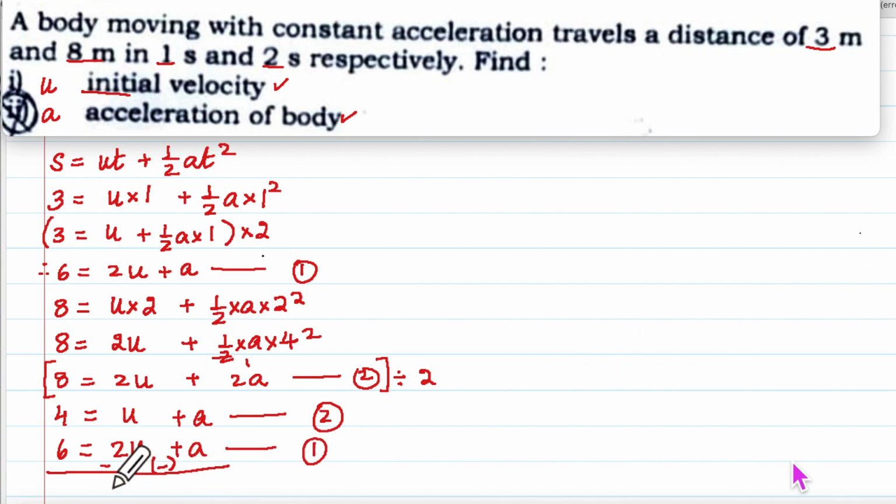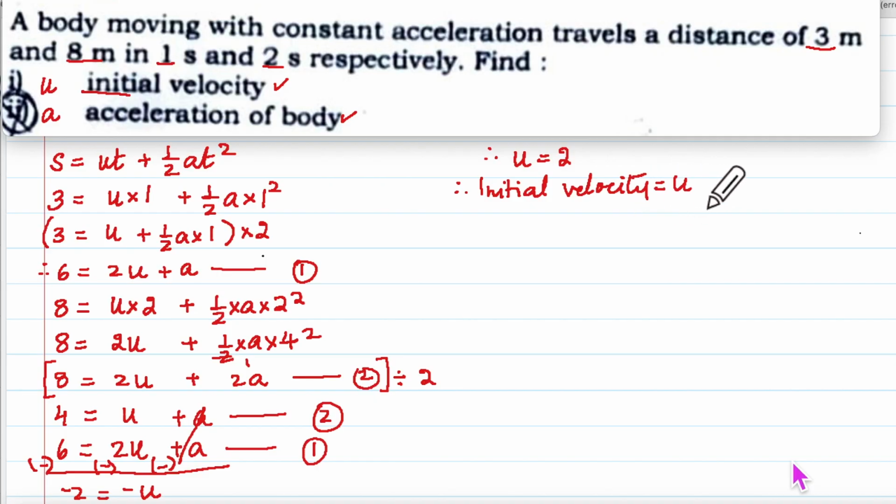So subtract and subtract. So you will have minus 2 equal to minus u. That will give us, therefore, u is equal to 2. Therefore, we'll say initial velocity u equal to 2 meter per second, and that becomes our answer 1.